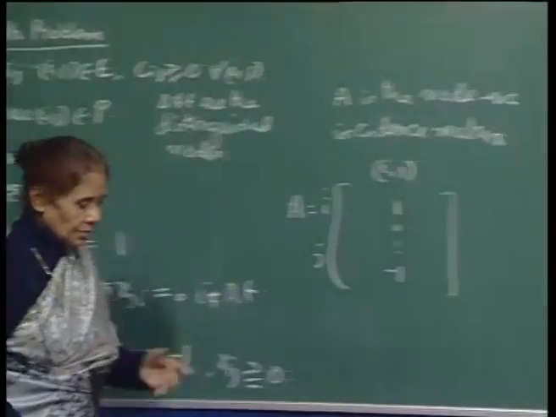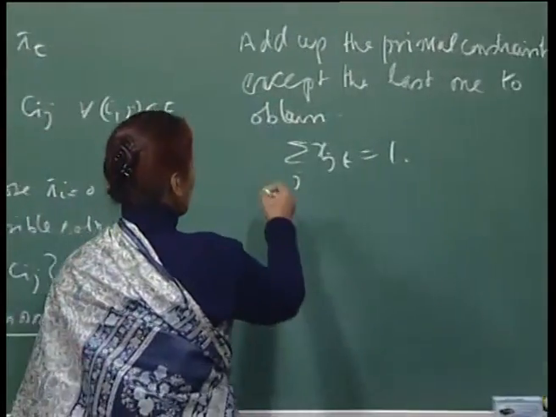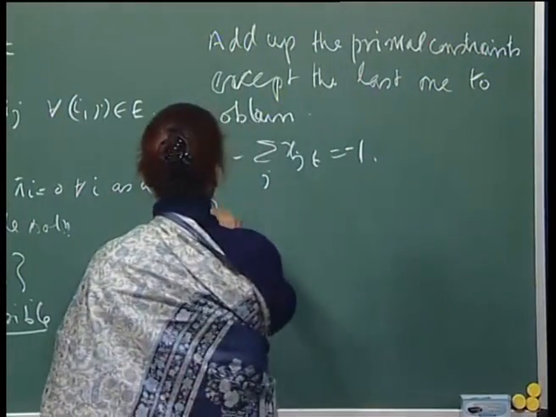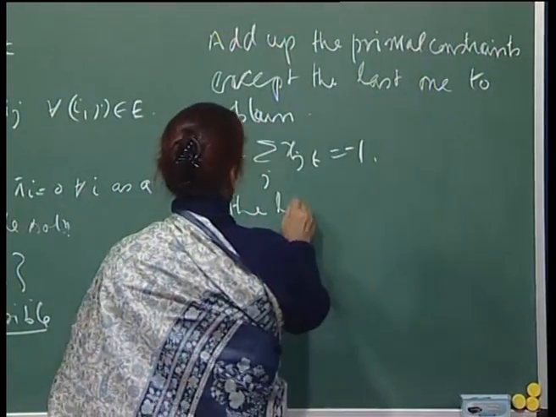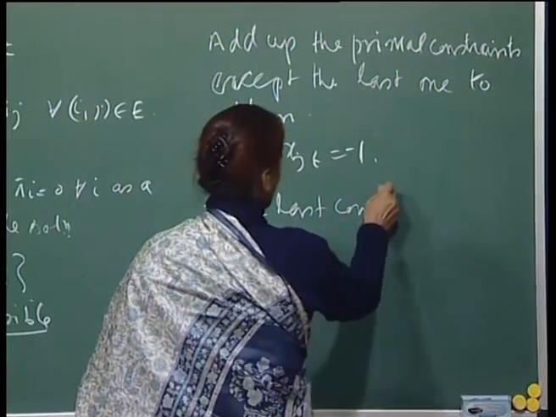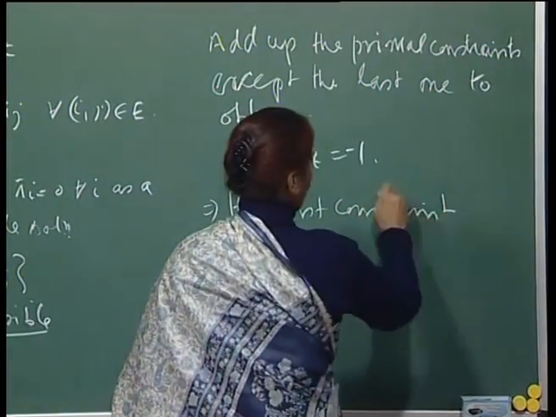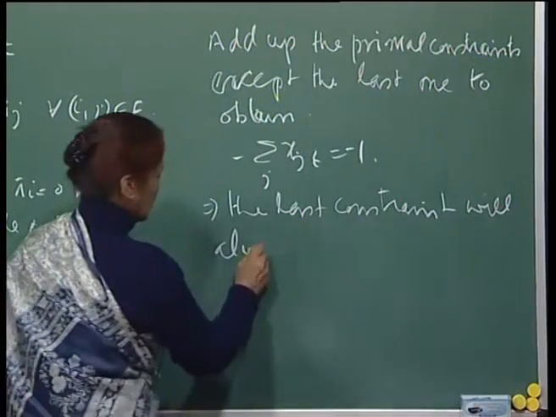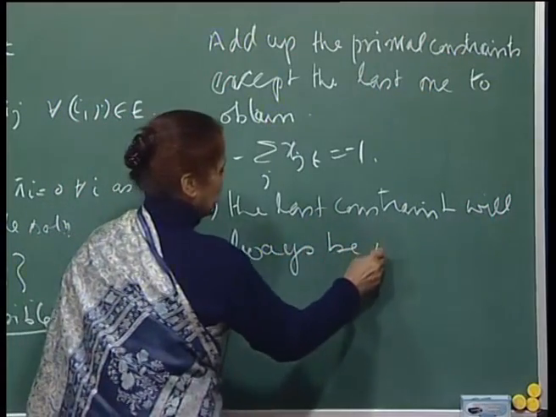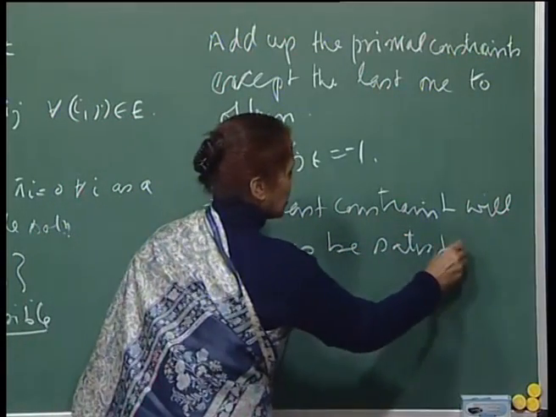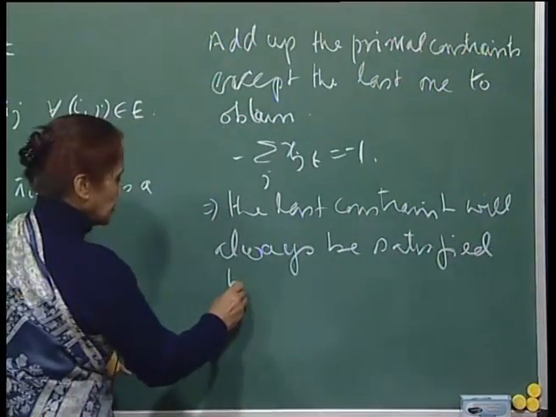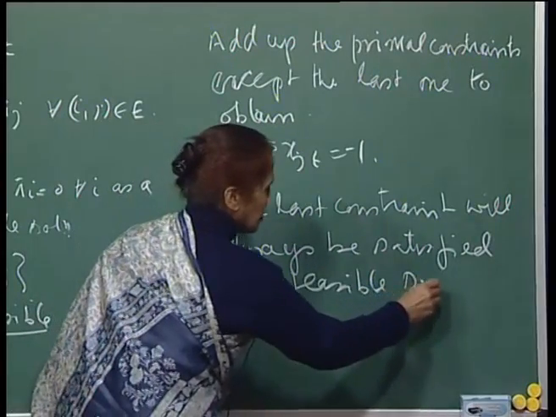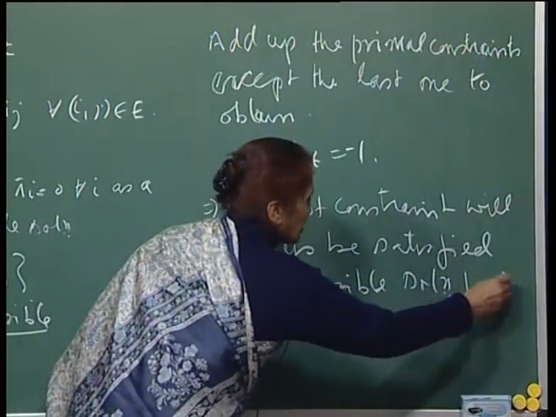So, if I multiply this by a minus sign, this will be minus. Right. So, this implies that the last constraint will always be satisfied by a feasible solution for P, right.